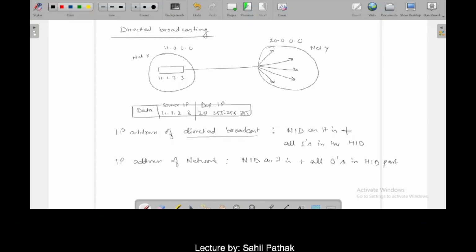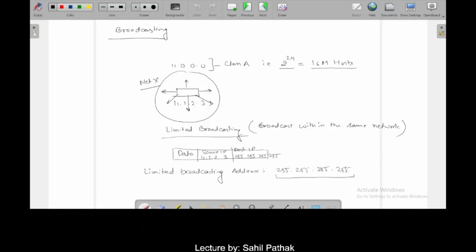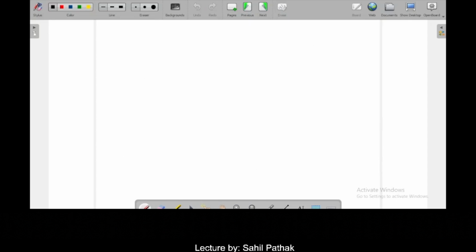So in every class, two IP addresses are never used. Number one, when all host ID bits are filled with zeros, because that will be the IP address of the network.